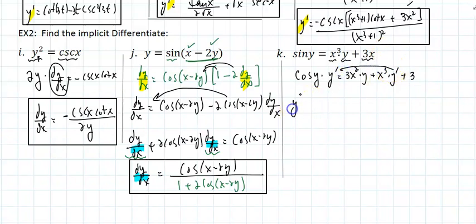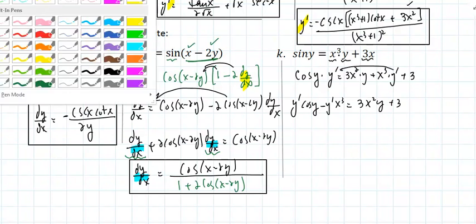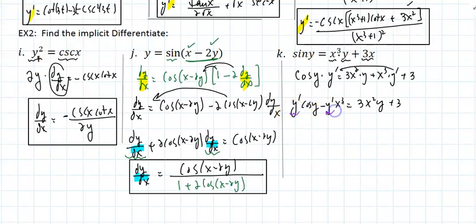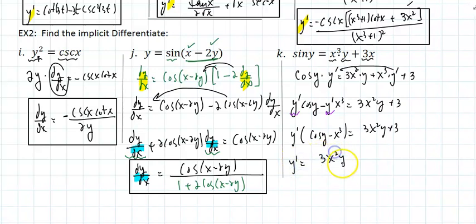So y prime cosine of y minus y prime x cubed equals 3x squared y plus 3. If I factor a y prime, I'll have a cosine of y minus x cubed. That's the step I skipped on the previous problem, and y prime would be 3x squared y plus 3. Since this is being multiplied, you divide both sides by it, and there it is.